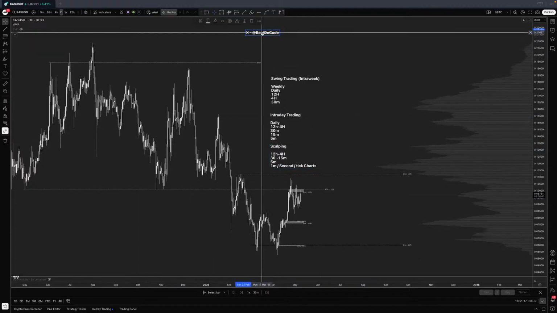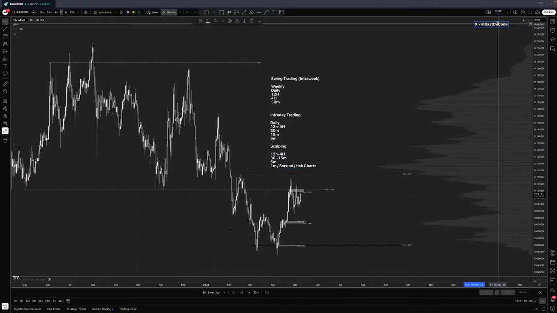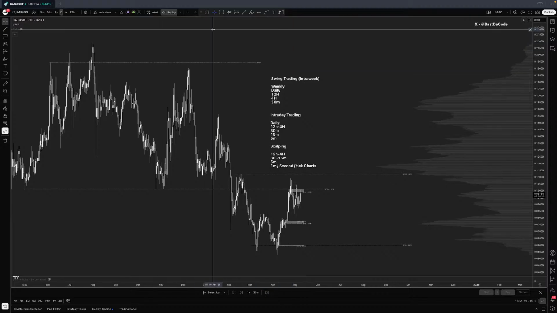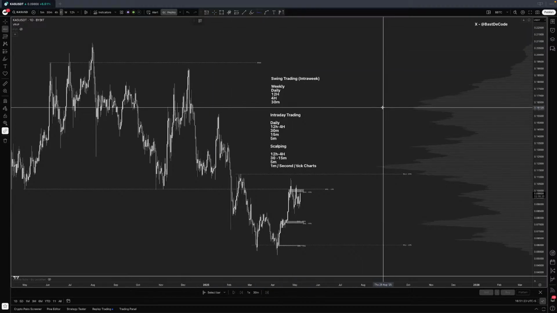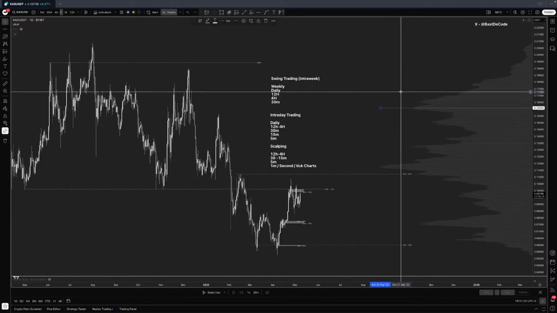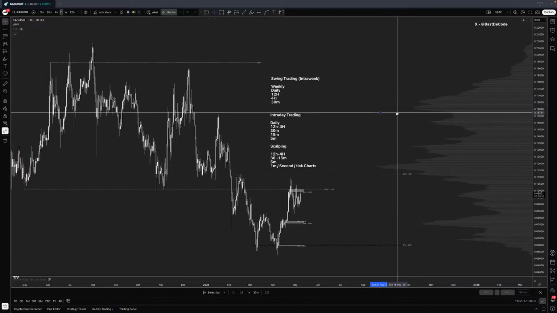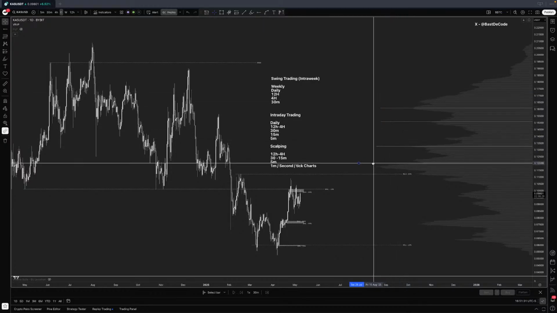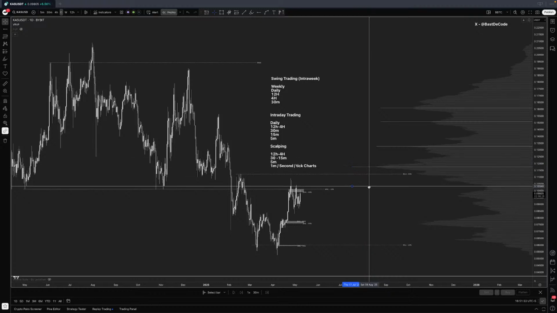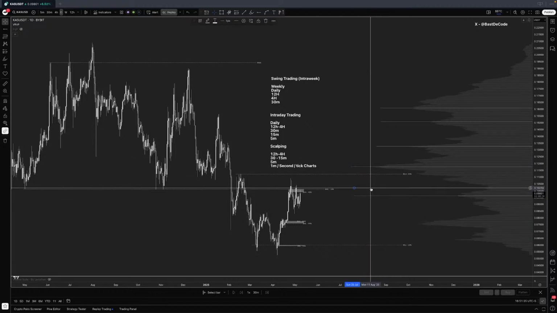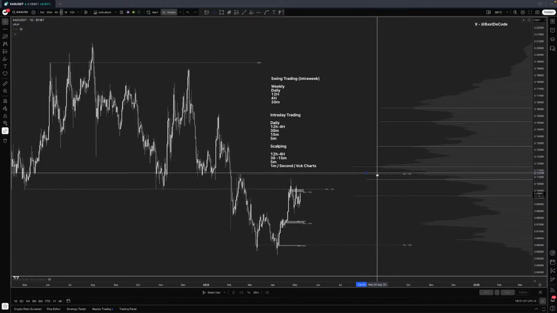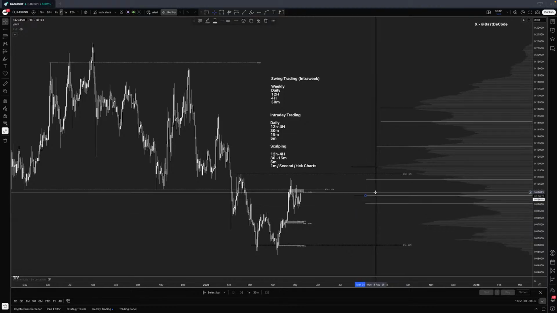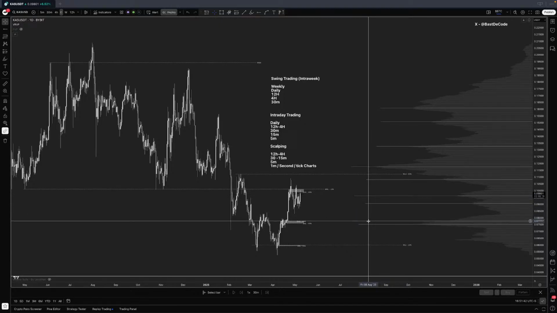This is the daily chart, right? Now, you see, if I highlight all of the high volume node tops, there's one over here, this one, this one, this one, this one, and this one.